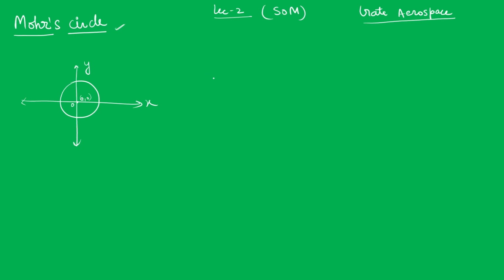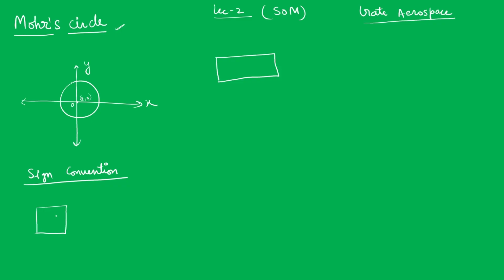Now, let us see that if I have a beam. So this is a beam. Sorry, before we go with the Mohr circle, let us fix our sign convention. So this is the sign convention that we are going to follow.